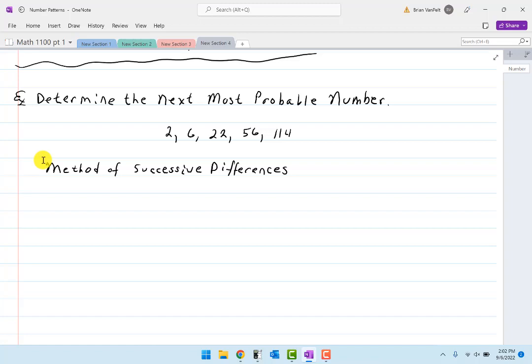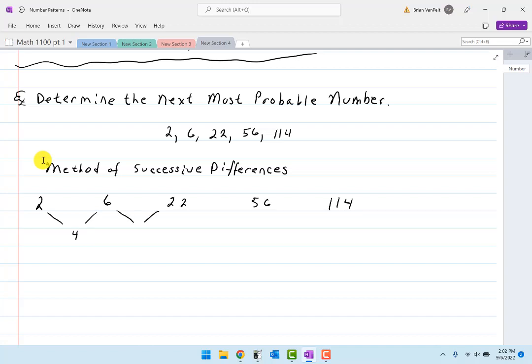First, you're going to want to spread out your terms because you're going to need some space. Then I'm going to look at the differences between a term and the subsequent term. For 2 and 6, 6 minus 2 is equal to 4. The difference there is 4.